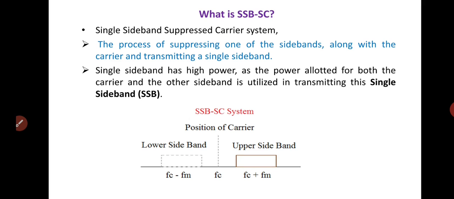So the power required to transmit the carrier and the other sideband is saved in SSB transmission. The power devoted to transmit the carrier and the other sideband can be utilized to transmit the single sideband, thereby producing a stronger signal. And as you know, a stronger signal propagates over a longer distance and is received more reliably at greater distance.